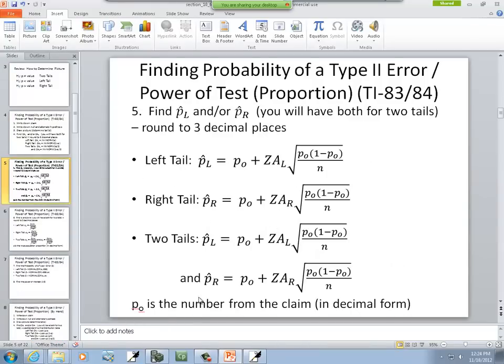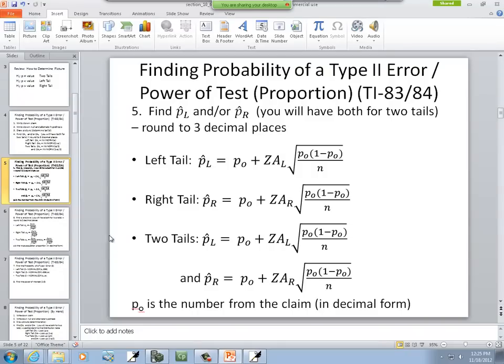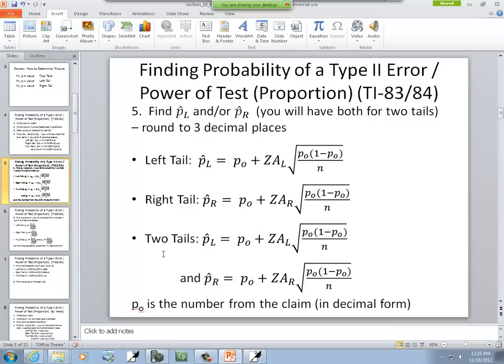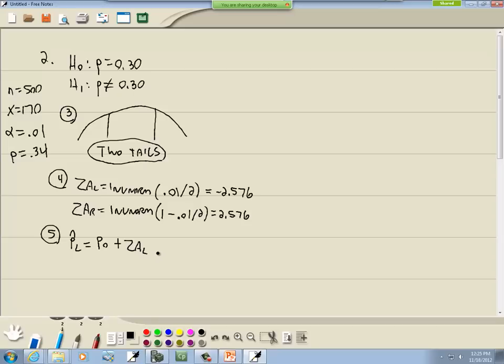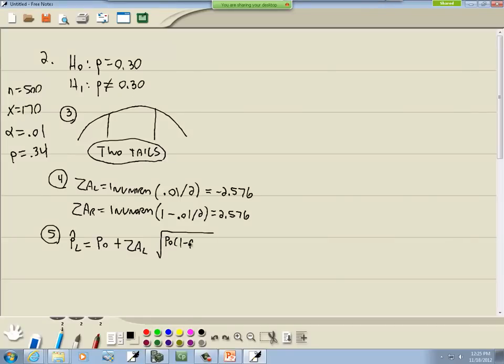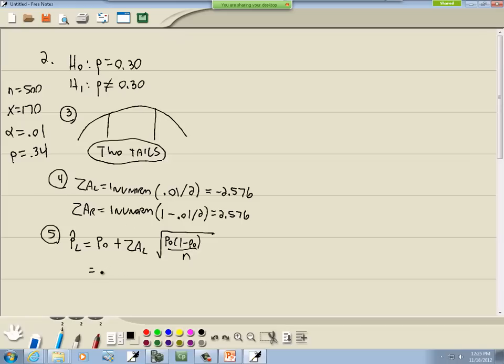Okay, step 5. For two tails, we're going to find P hat sub L and P hat sub R. Well, P hat sub L is P naught plus ZA sub L times the square root of P naught times 1 minus P naught divided by N. Well, P naught is a number from the claim, which is 0.30.